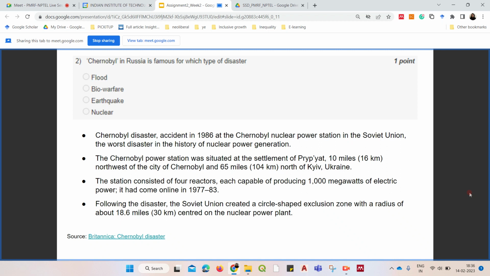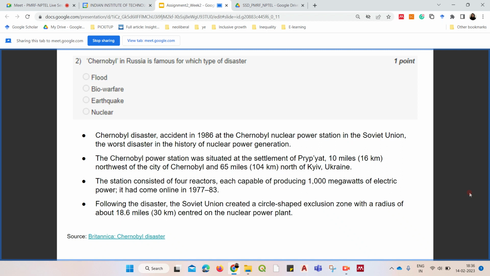Moving on to the next question, which is the Chernobyl disaster in Russia. It's famous for which type of disaster? And you have options: flood, biowarfare, nuclear, or earthquake. So this is a very famous example of a nuclear disaster or nuclear accident, and I think you would have studied this in your lectures also.